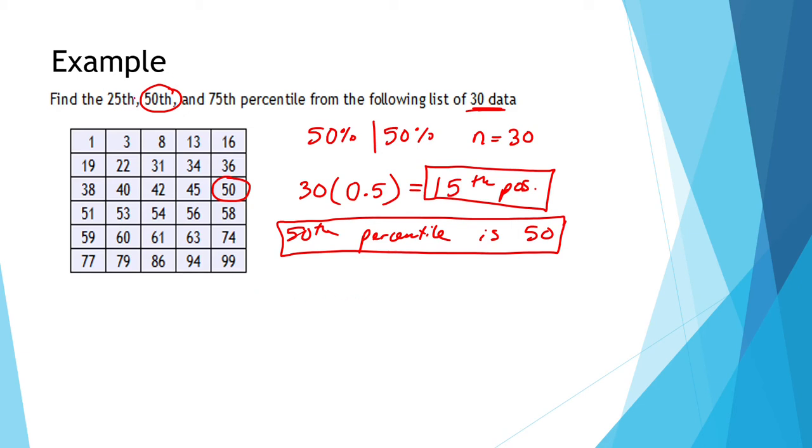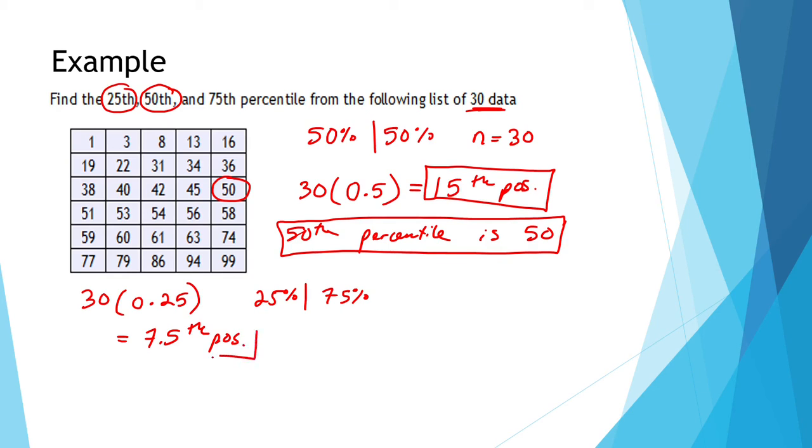For the second part of the question, we'll look at the 25th percentile. We will take the 30 and multiply it by 0.25 to find a number that has 25% of the data below it and 75% of the data will be above it. 30 times 0.25 is equal to 7.5, and that means the 7.5th position is going to be our 25th percentile.